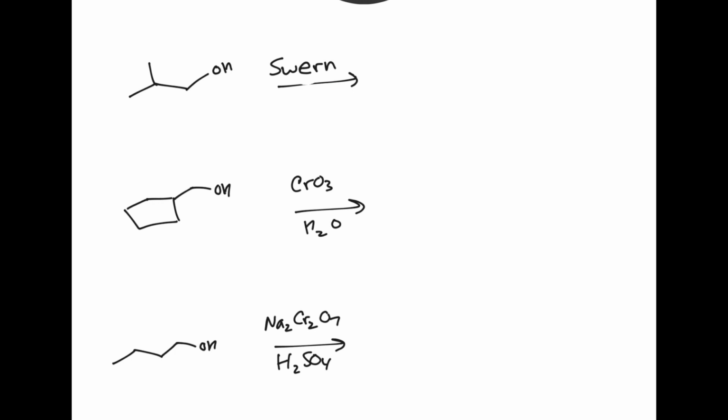All right, so top one, aldehyde or carboxylic acid? Aldehyde. Chromium oxide, water, is that going to make a carboxylic acid or an aldehyde? Carboxylic acid. And what about the last one?